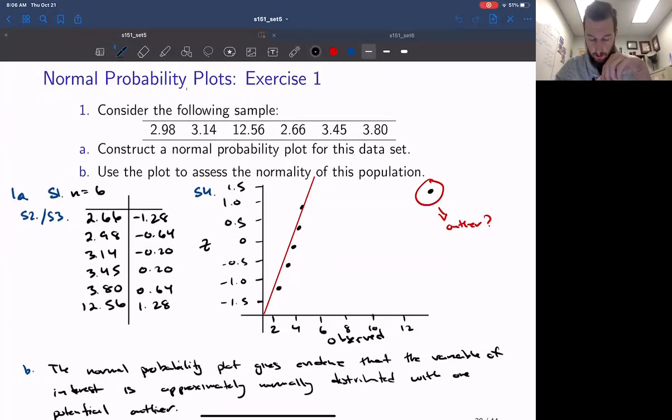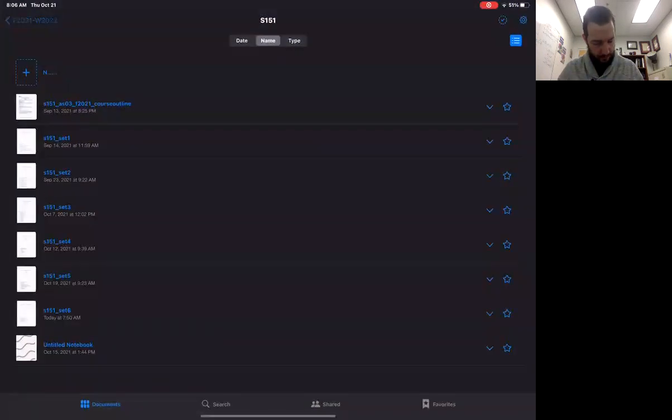And we have plotted those 6 values against the normal scores that we picked out of table 3. So you might recall from last class, table 3 is a table where you have only sample size as the variable that changes. So all you have to do is identify your sample size and then take the normal scores that are associated with that sample size. So that looks something like this.